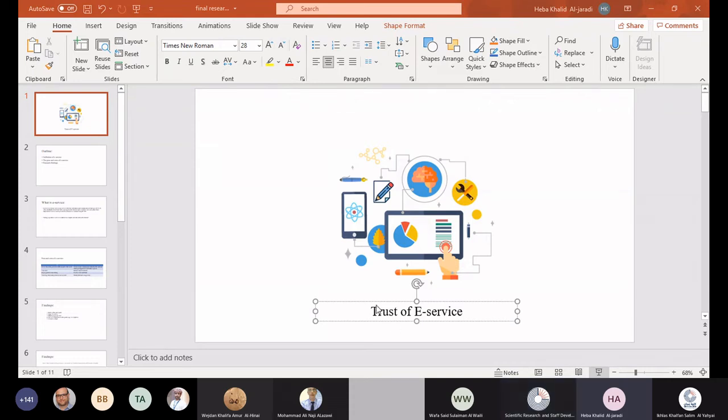Good morning, ladies and gentlemen. My name is Ms. Hiba Khalid Al-Jaradi. I'm a teacher in the GFP department. I helped the two students, actually the two graduates, to do this paper. The name of the paper is Trust of E-Service. In the past few years, people were introduced to a much easier, much faster way of dealing with their bills, their shopping, their transactions, etc. through online services. In this paper, we introduce the meaning of online services and how they work.